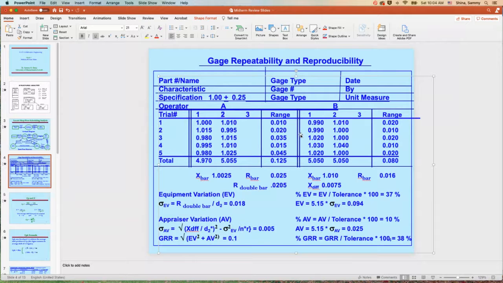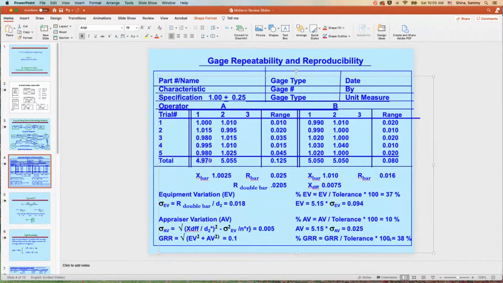Looks at the same 5 parts and tests all 5 parts once and tests all 5 parts again. So each operator has a range for each part and an average for all 5 parts. So each operator has an X bar, which is the average of the 10 measurements they made.